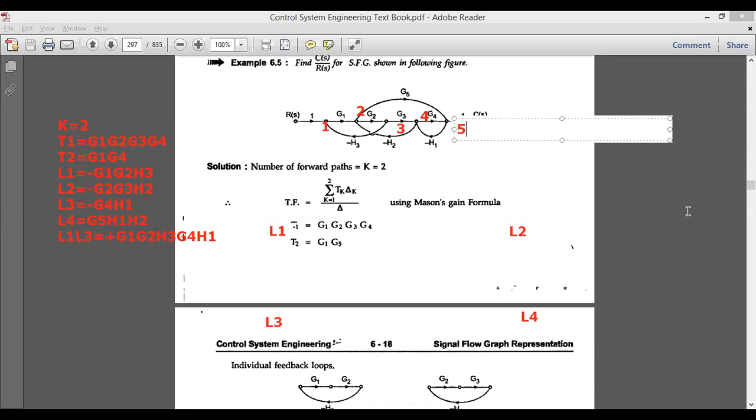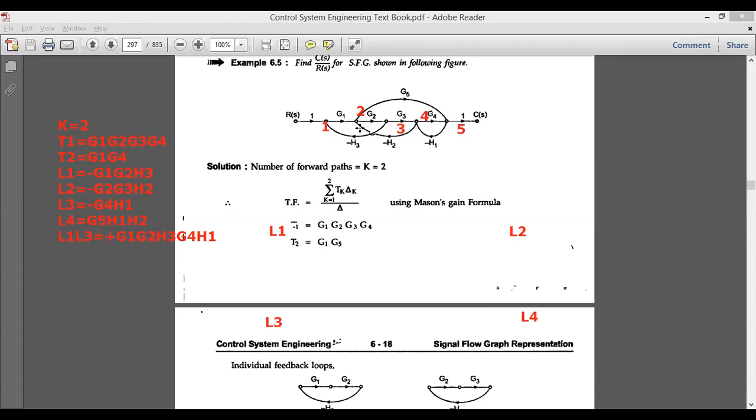The concept of non-touching loop says that the node should not touch, or the node should not come inside the loop. It should not even overlap. They should be exclusively separate. Now you can see this is my first loop here. It starts from point number 1, point number 2, point number 3, then coming back to point number 1. So this is my first loop.